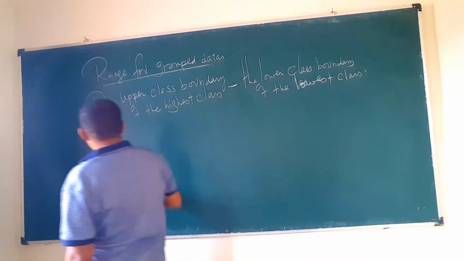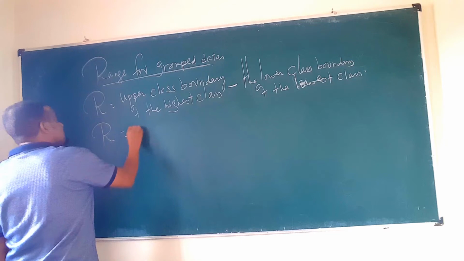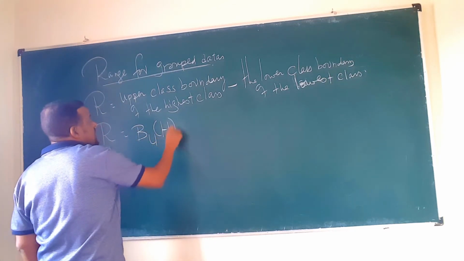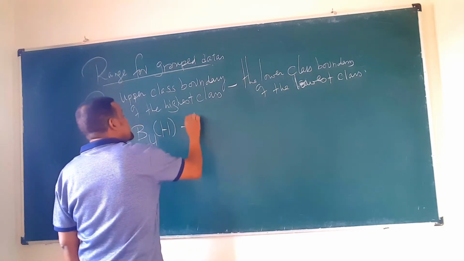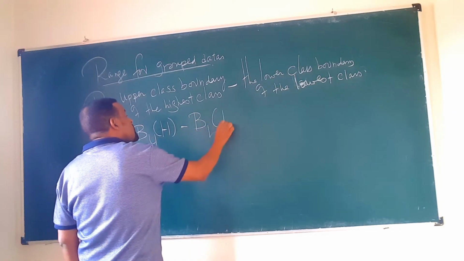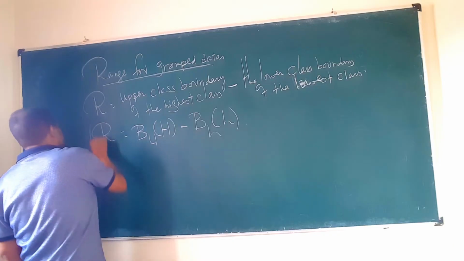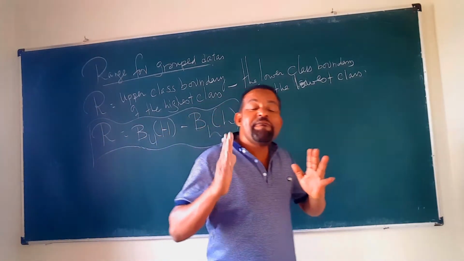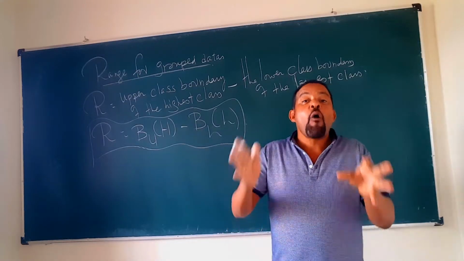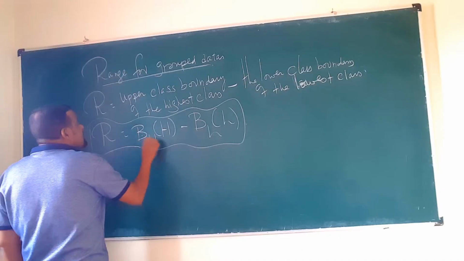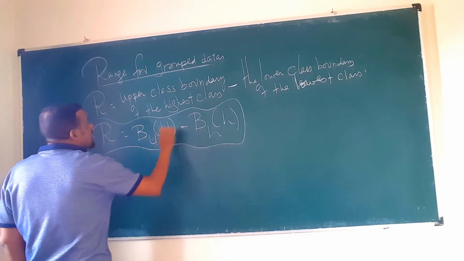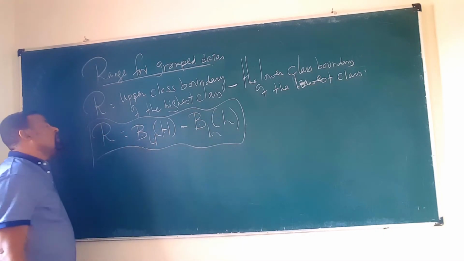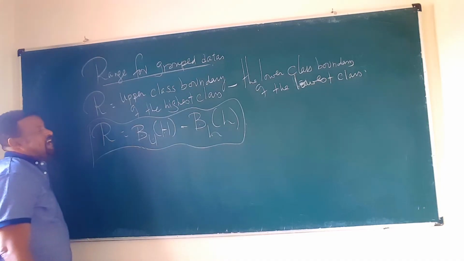So range is equal to what? The upper class boundary of the highest class minus the lower class boundary of the lowest class. After you have prepared a frequency distribution table containing class boundaries, you take the upper class boundary of the highest class minus the lower class boundary of the lowest class.